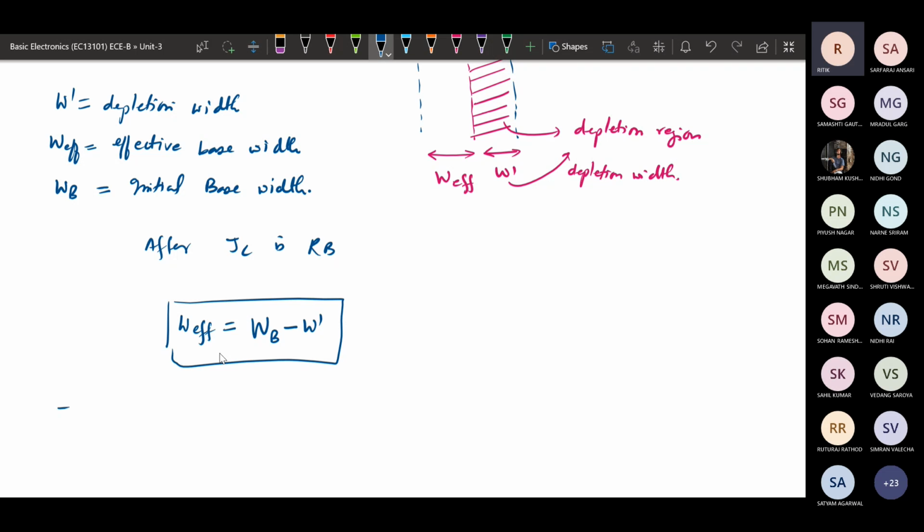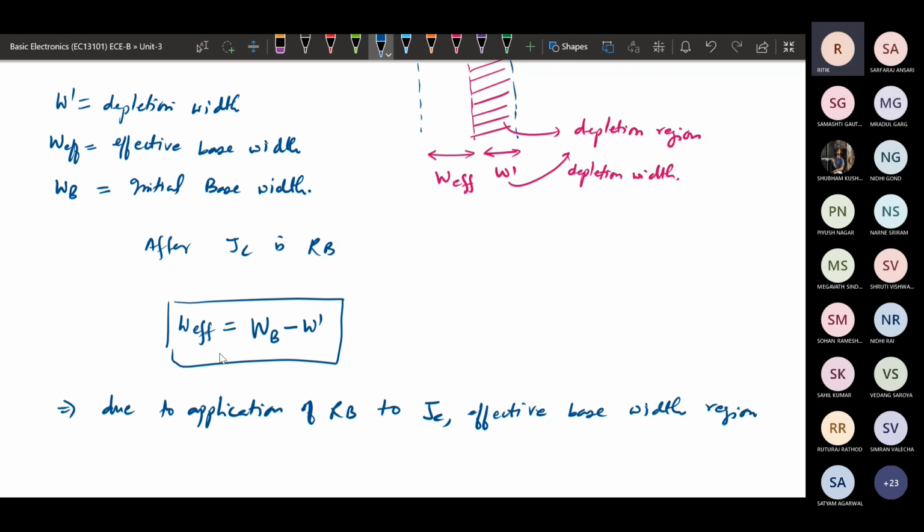It implies that, due to application of reverse bias to the collector junction, the effective base width region decreases.